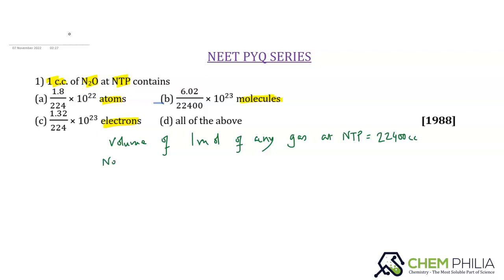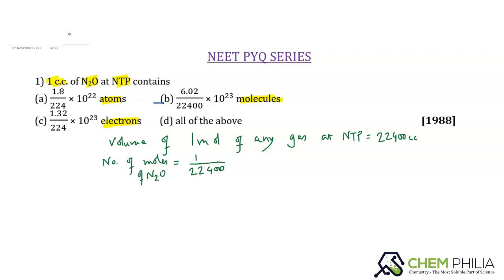So here the number of moles is equal to 1 upon 22400. So we have got the number of moles. Number of moles of what? Number of moles of N2O, right?